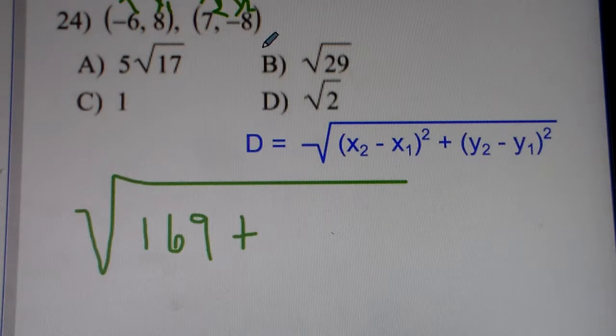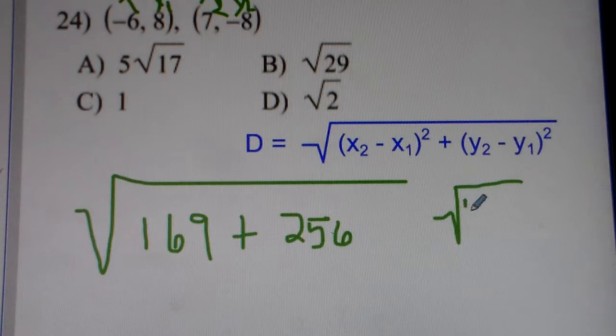-16 squared is 256. So 169 plus 256. Add those two numbers together, and that gets you 425. So you have radical 425. Now 425 needs to be broken down.